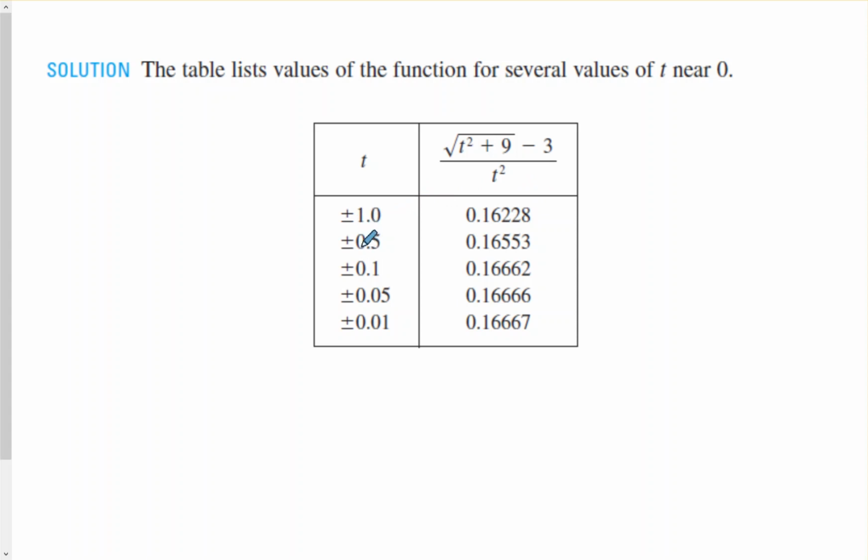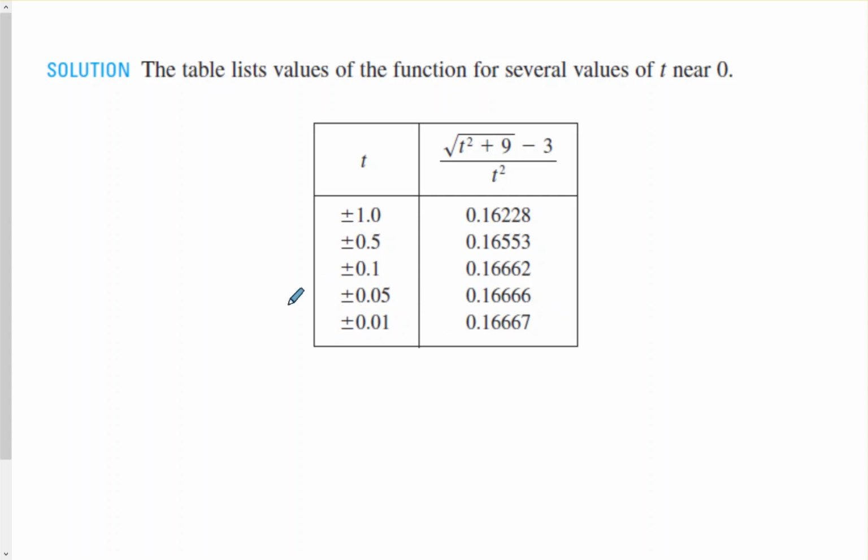Then we got a little closer, plus or minus 0.5, 0.16553. Plus or minus 0.1 gives 0.16662. Get even closer to plus or minus 0.01, and we're at 0.16667.